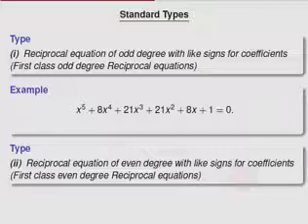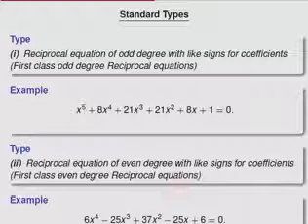So, we call this one a first class even degree reciprocal equation. If it is an even degree, the coefficients must have the same sign, like signs, positive signs or negative signs, both are fine.